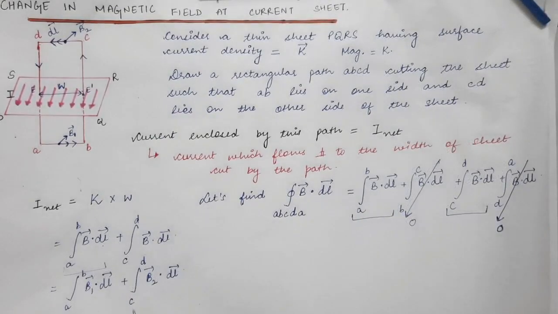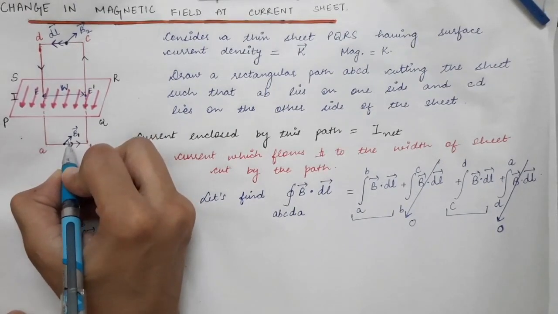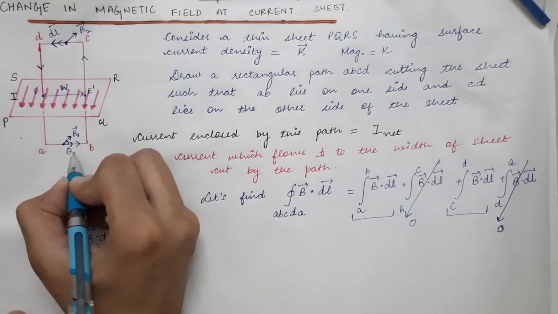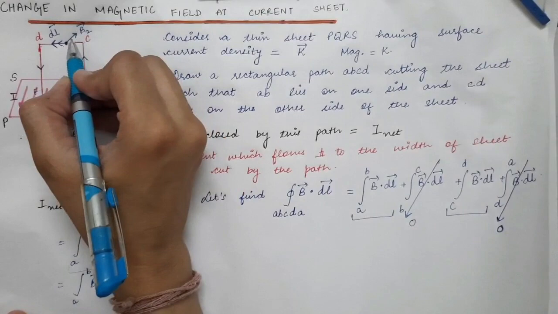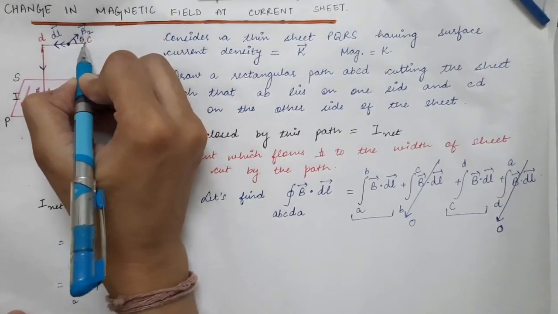Now if we solve these expressions, b1 vector dot product with dl vector can be written as b1 into dl cos theta 1. Let's say the angle between b1 vector and dl vector is theta 1, and the b2 vector is making an angle of theta 2 over here.